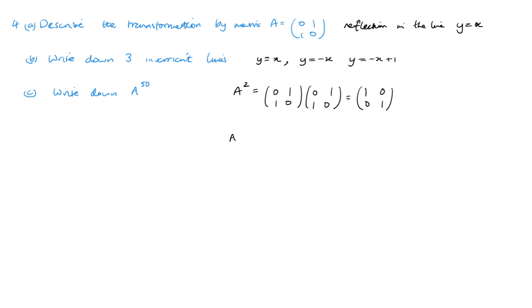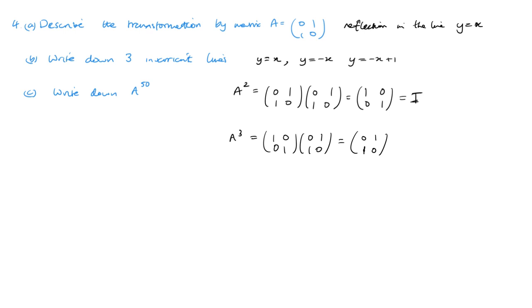If we look at A cubed, it'll be what we just had times by 0, 1, 1, 0, won't it? Which is the identity times A. So it's going to be that again. So this is just the identity matrix.